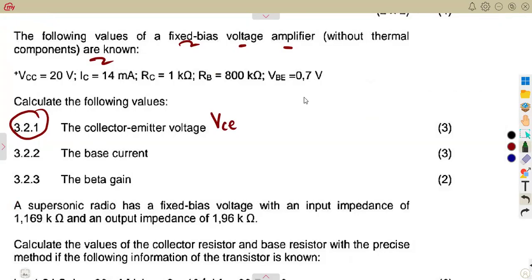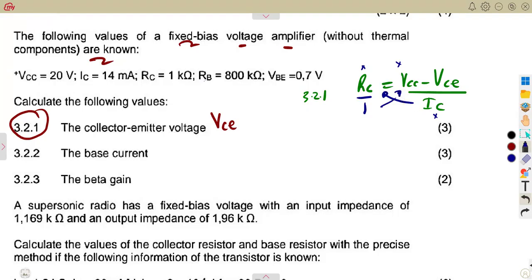So that's 3.2.1. From RC, we saw that RC can be given as VCC minus VCE over IC. This is for a basic fixed bias. RC is given, the VCC is given, the IC is also given, so we can manipulate to make VCE the subject. This is over 1.